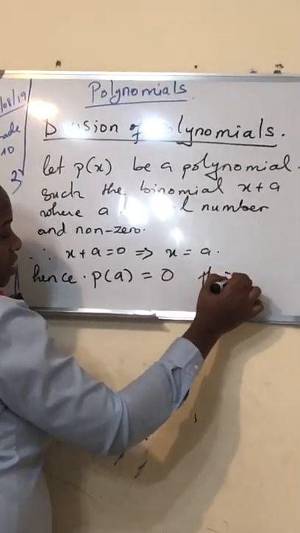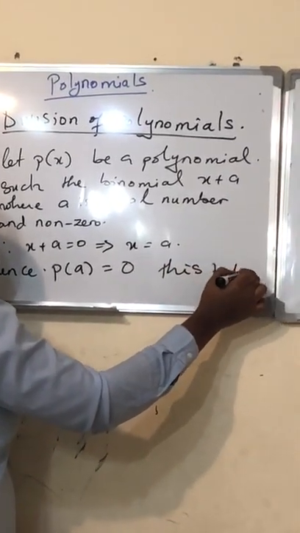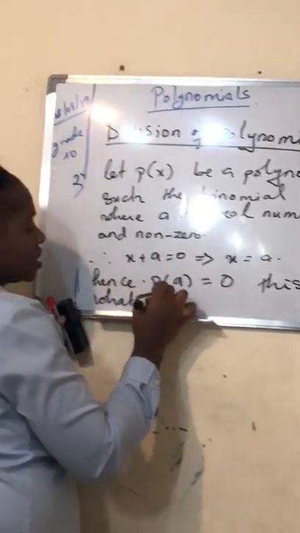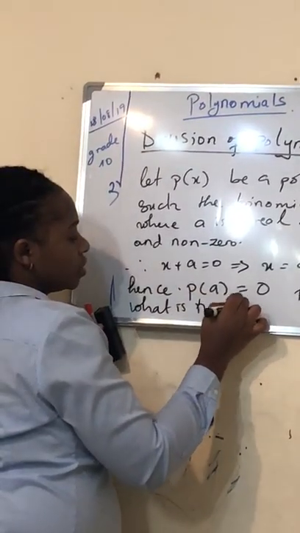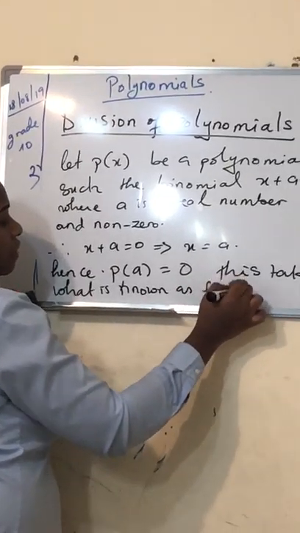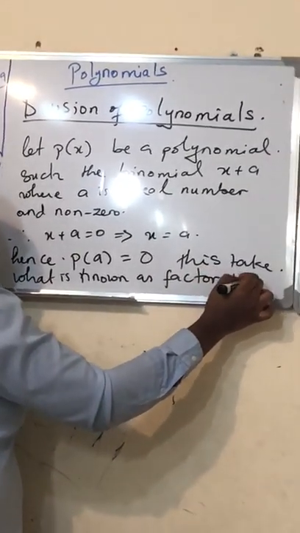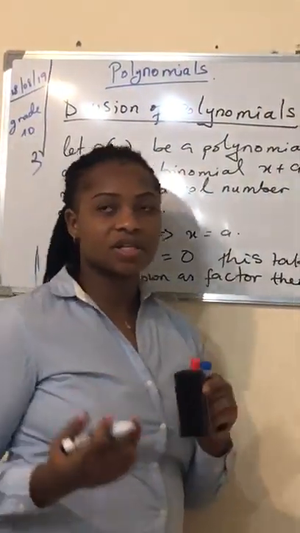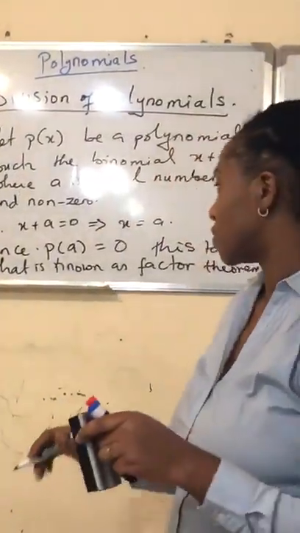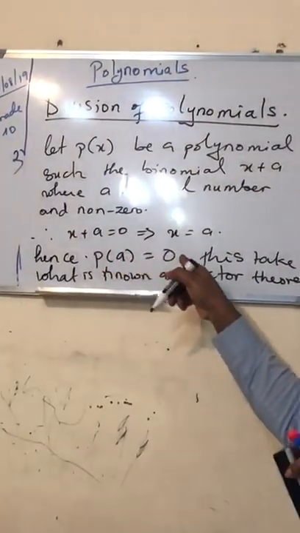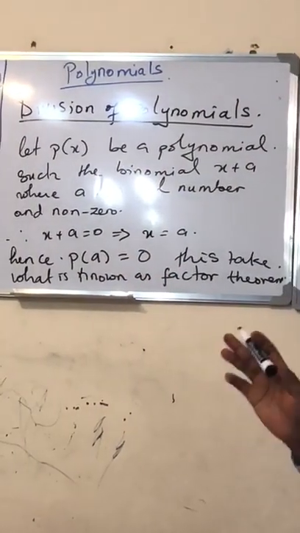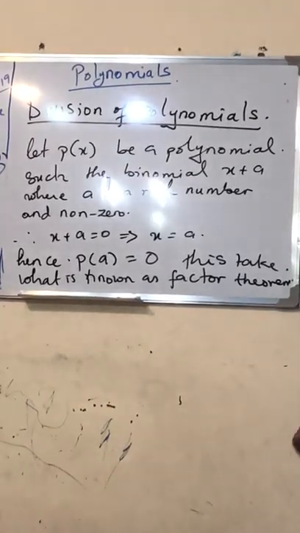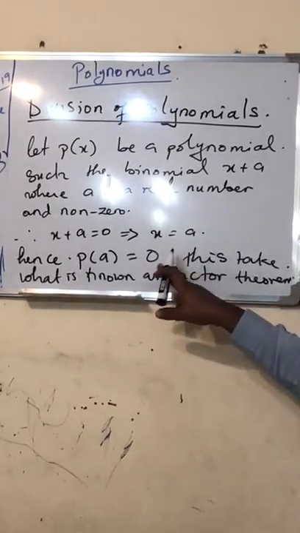This therefore takes us to what is known as the factor theorem. Of course, from the definition we got about factors, factors can divide evenly without any remainder. So when we divide that polynomial by a binomial, we should definitely get 0 as our final answer.